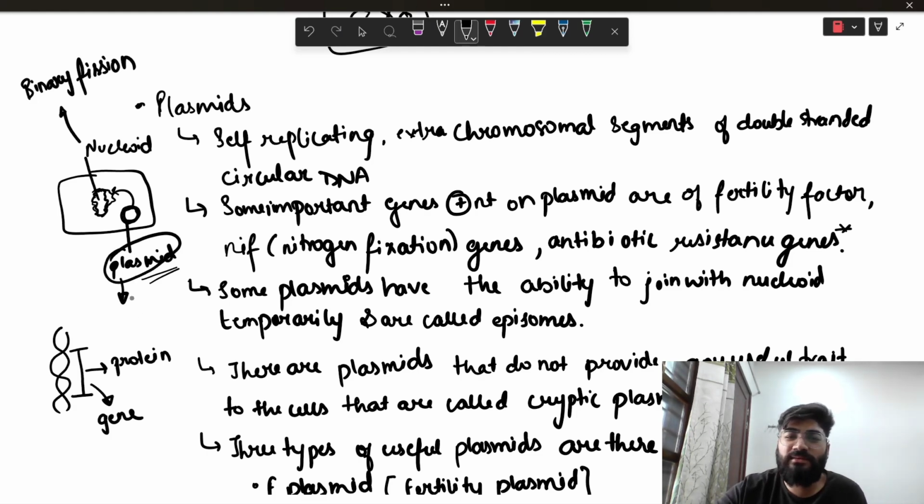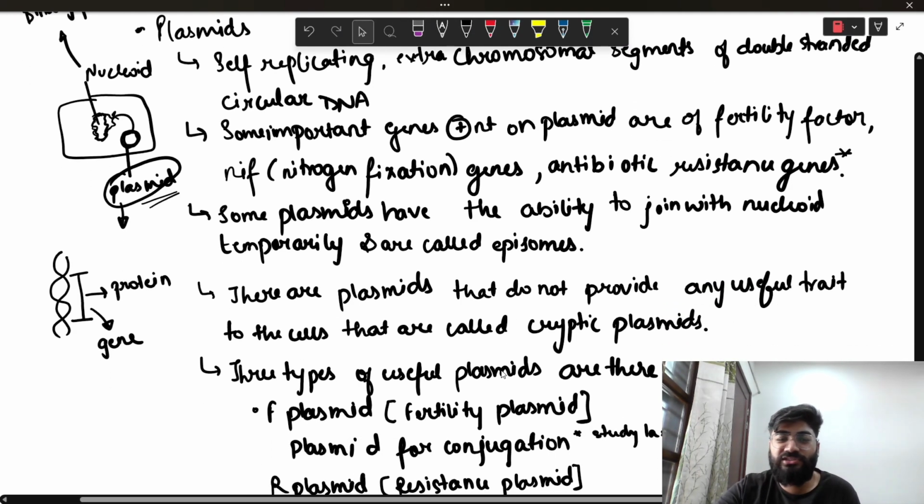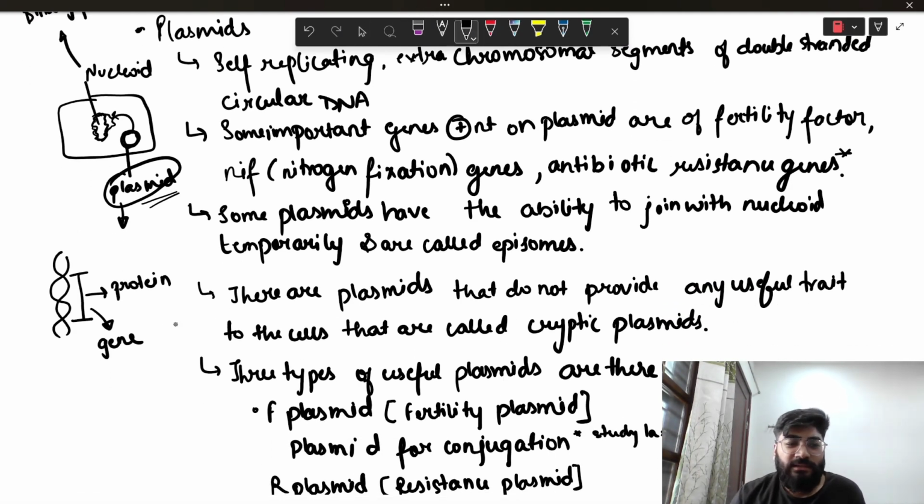So plasmid has some important genes inside. What exactly are genes? Genes are segments of a particular DNA, and when that segment forms a protein, it is called a gene.